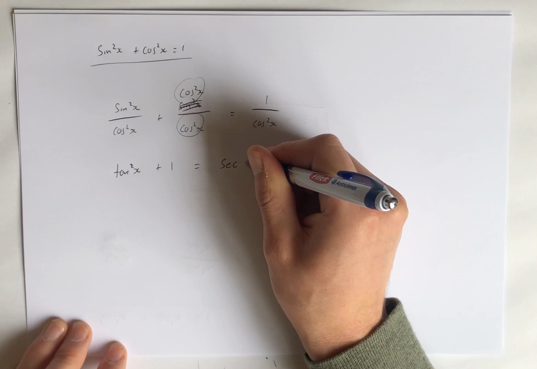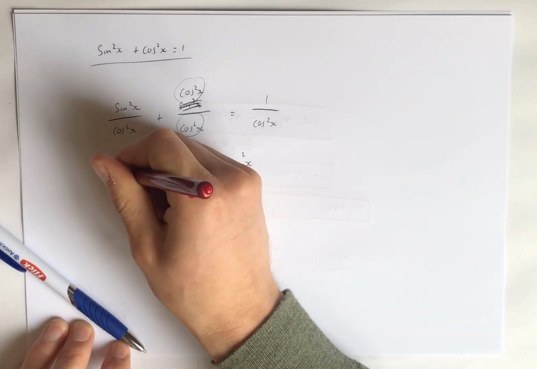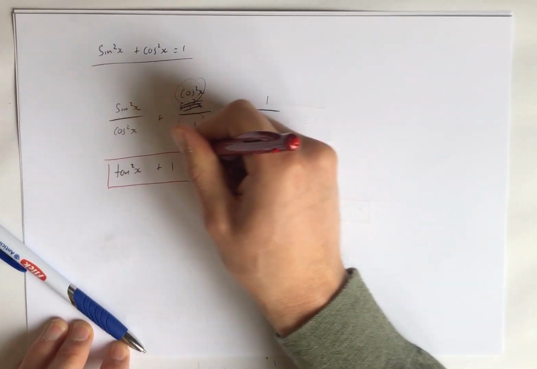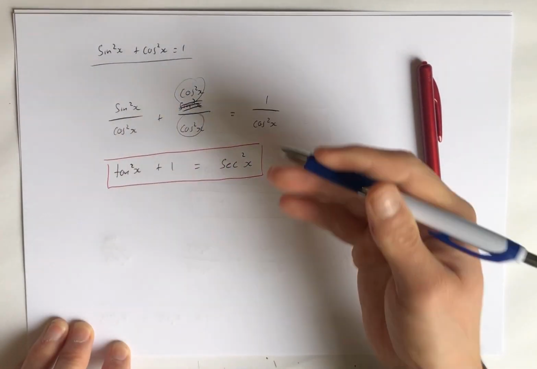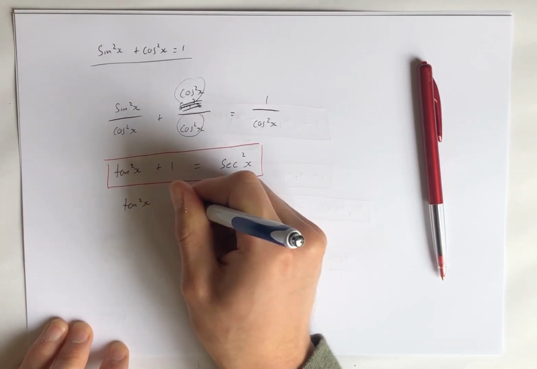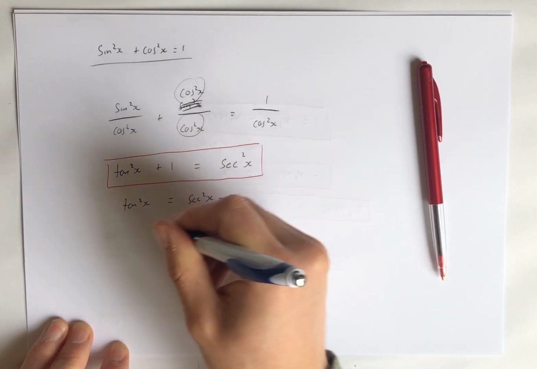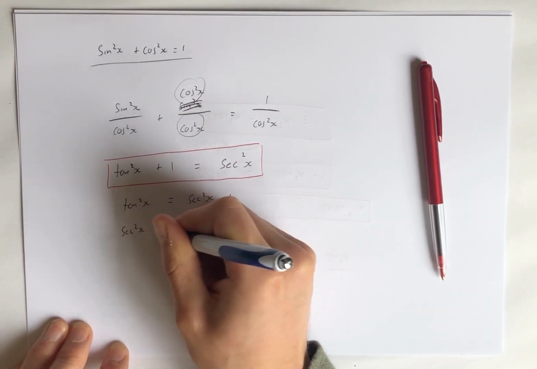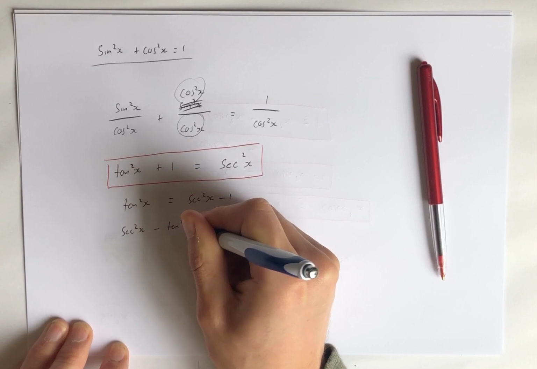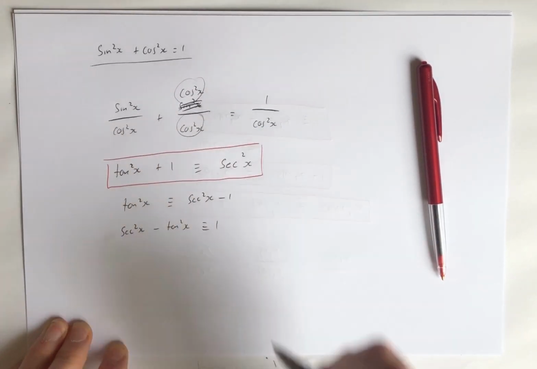Secant. And it's squared. So there is another identity that you'll see on your formula sheet. And then they have all the iterations of rearrangement. So tan squared x is sec squared x minus 1, and sec squared x minus tan squared x is equivalent to 1.